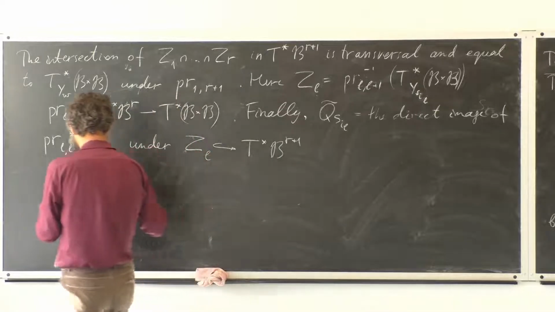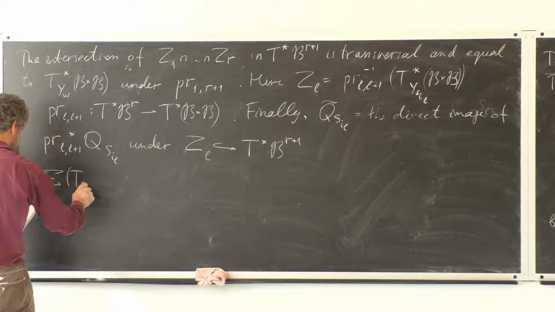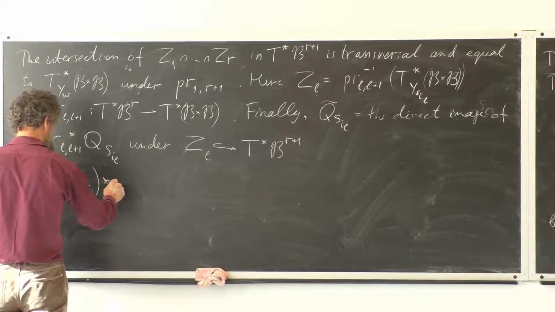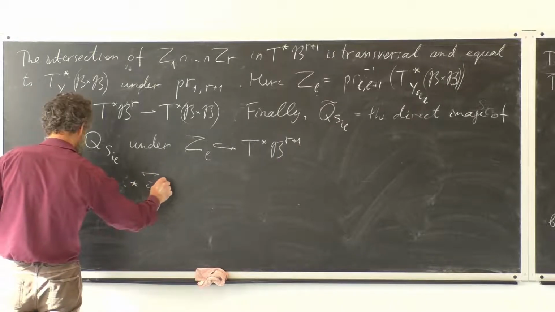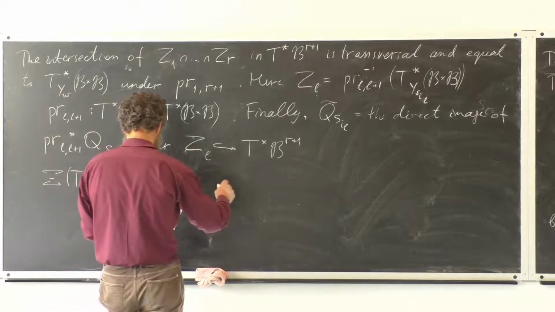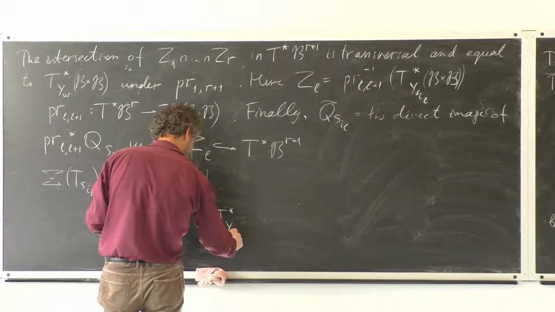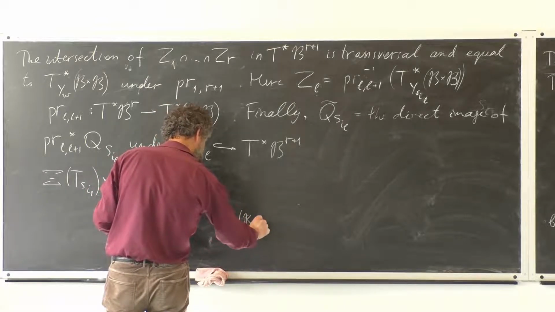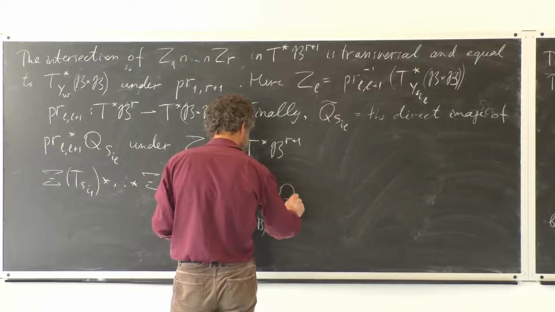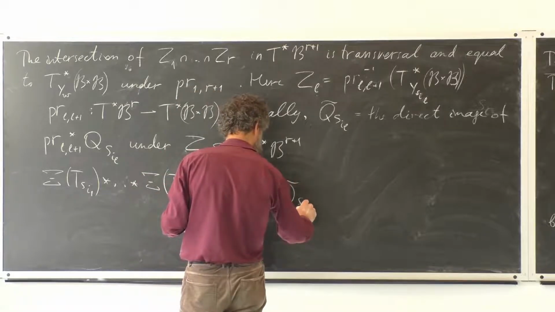And then finally, the convolution of our generators restricted to this open part is just the product of those line bundles.